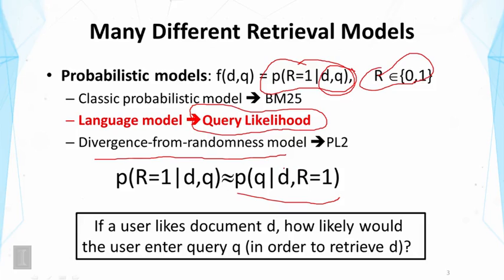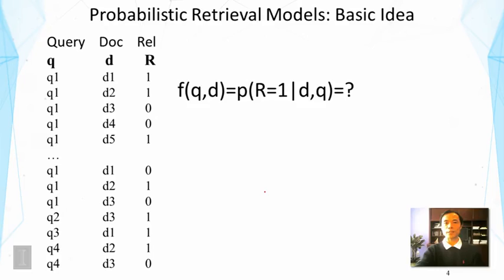So we assume that the user likes D because we have a relevance value here. And then we ask the question about how likely we will see this particular query from this user. So this is the basic idea.